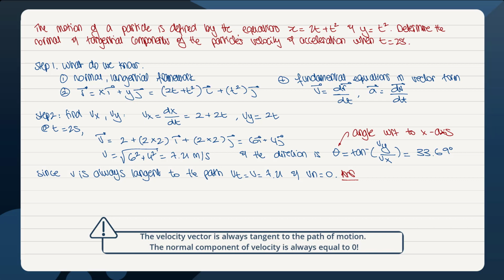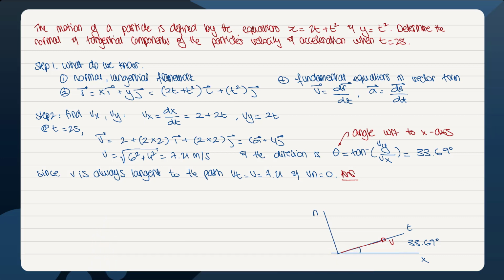So now we know that the t-axis in the normal and tangential components is collinear with the velocity vector. And we know the direction of the velocity vector with respect to the x-axis, which makes an angle of 33.69 degrees. Now similarly, to find an expression of a as a function of time, we simply need to take the derivative of v, which gives us 2i plus 2j.